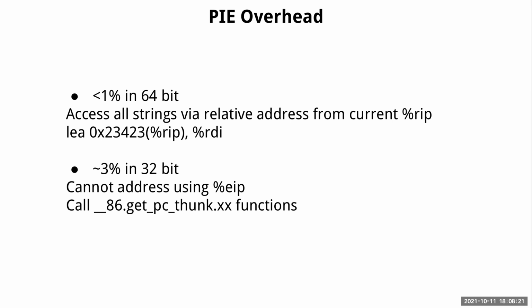Because of this, what we can do is, let's say RIP plus this 23423 has some data you want to use. As long as you always put that data at the same distance as your code, whenever you randomize them together, this line of instruction will work, right? And it's quite fast. However, for 32-bit, because you don't have this, you have to call those functions. There are a lot of registers you can use here. Then the overhead is like 3%.